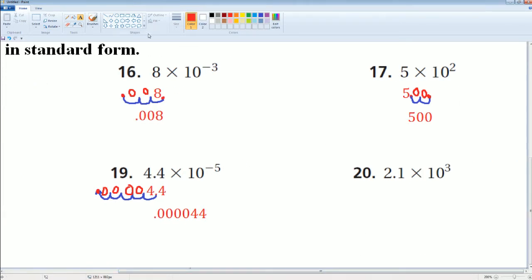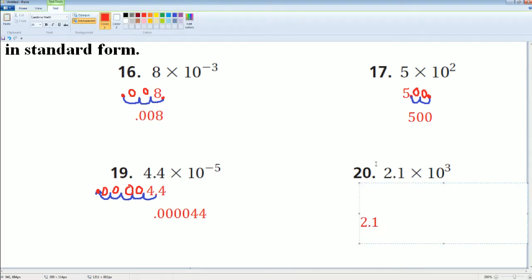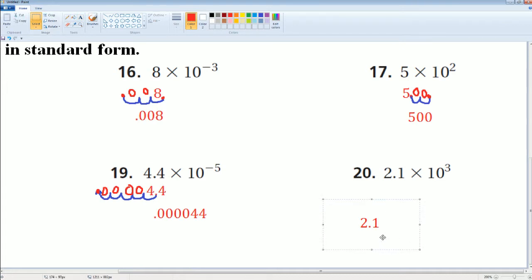Last one, 2.1. Write the number, 2.1. Alright, okay. Where's the decimal? Decimal's right there in between the 2 and the 1. Okay, move it to the right or to the left. It's a positive, so we go to the right. We're making a big number. 1, 2, 3.